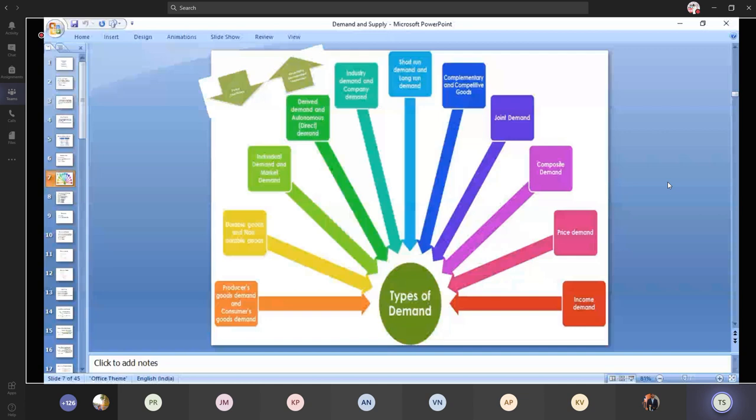For example, if a single commodity is taken, that particular commodity's demand can come under two to three types. We can say it is jointly demanded, or derived demand, and also competitive demand. So it's based on the features of a commodity. A single product can be under several subheadings, under several kinds of demand.